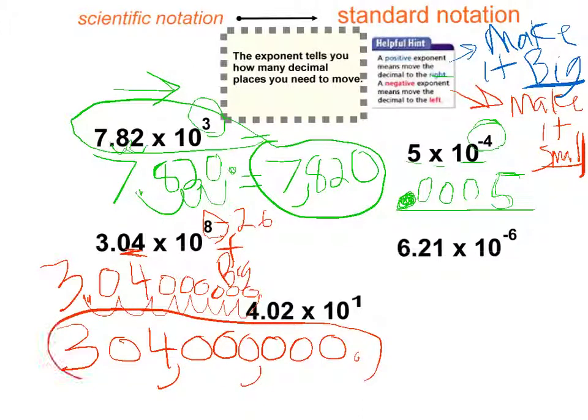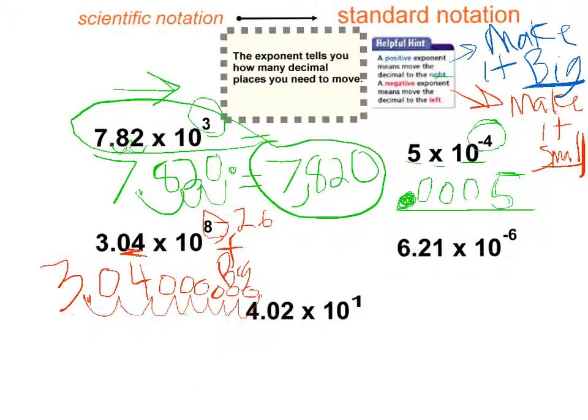That's in standard notation. All right, this one here, I have 6.21 and it's 10 to the negative 6. So I know that means small. Can't really fit that in there, small. So I'm going to take my 6.21 and my decimal, and I'm going to move it 6 places to the left to make it small.